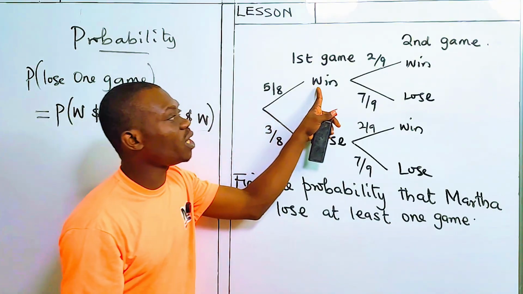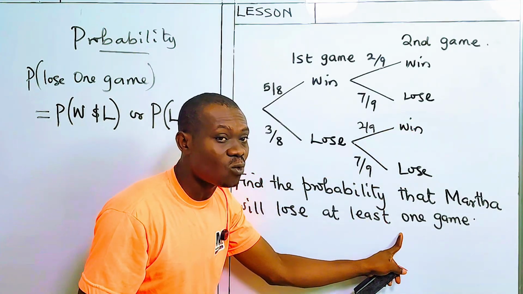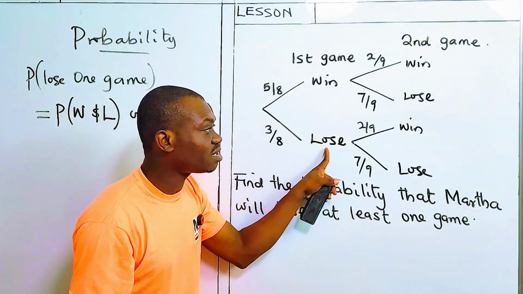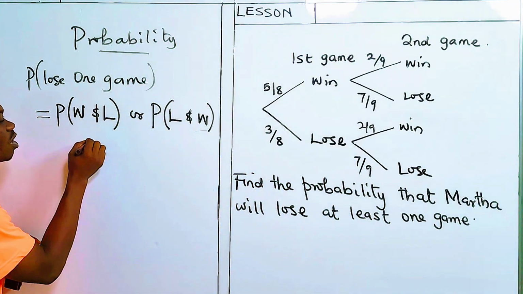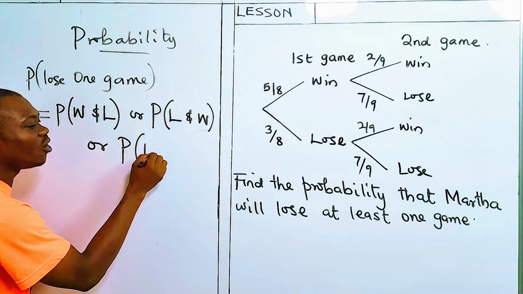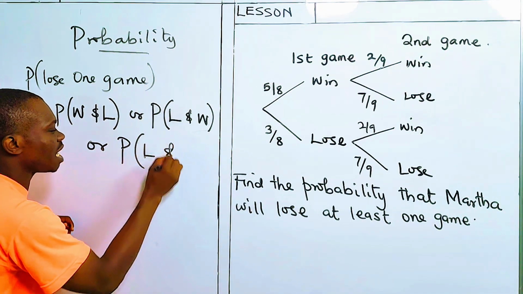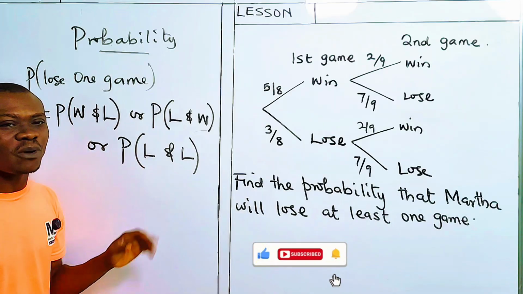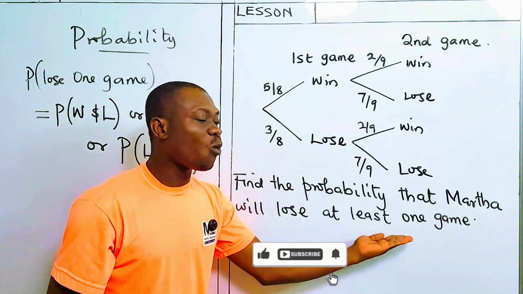So you can see it: win first, lose second. Remember, there must be at least one game lost. Then, or lose the first, win the second. That is not all, I hope you know. There is also a third situation: she can lose both, that's lose and lose again. These are the three possibilities that will make her lose at least one game.